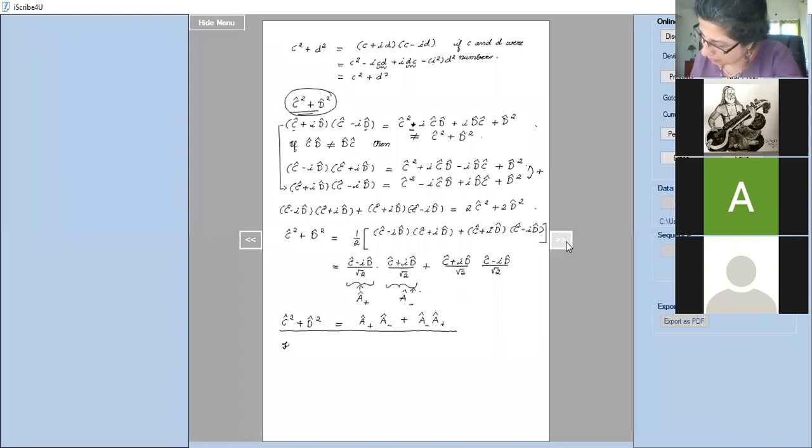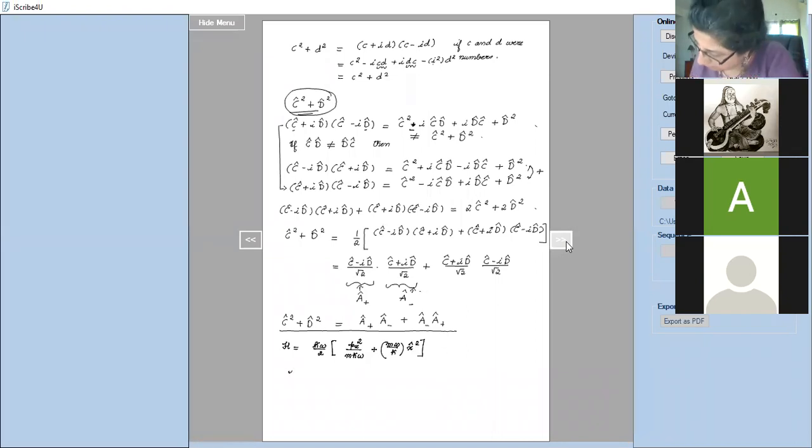Our harmonic oscillator is nothing but h cross omega by 2 into px square by m h cross omega plus m omega by h cross into x square.